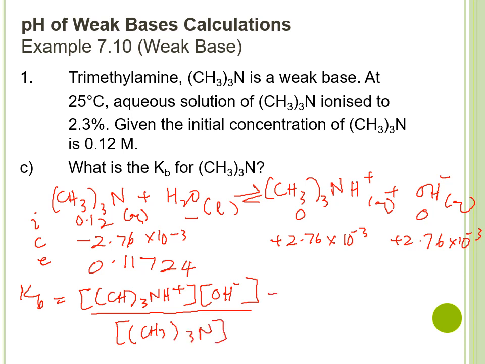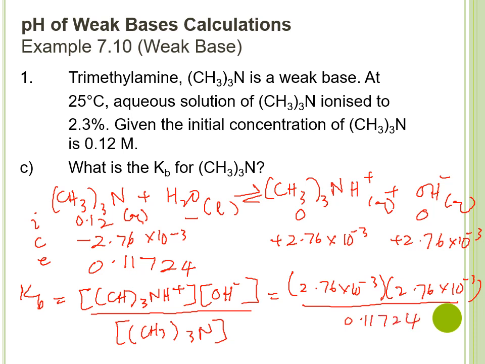Now, let's insert 2.76 times 10 to the power negative 3, the same concentration, divide by 0.11724. So the answer is 6.497 times 10 to the power of negative 5 molar. That's your answer.